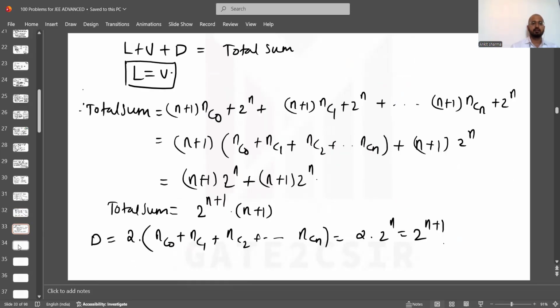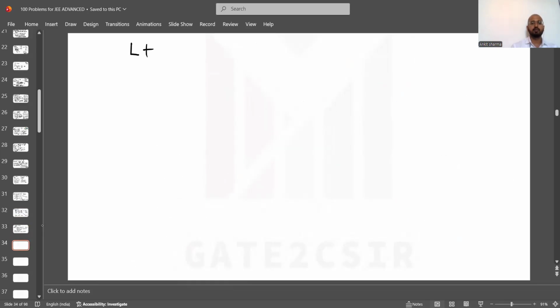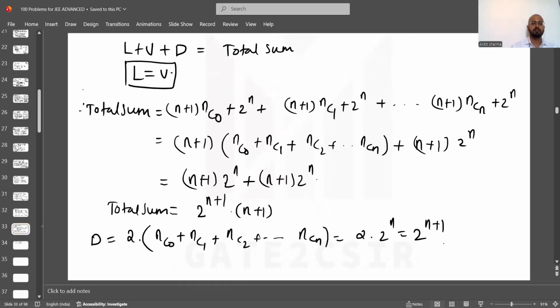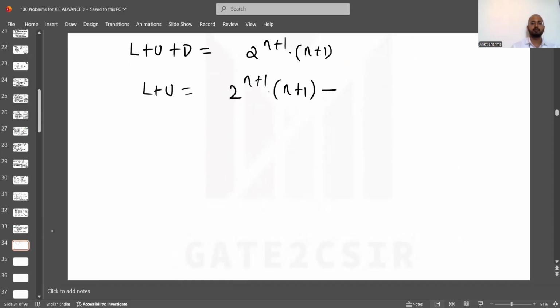So let's construct the equation. L plus U plus D is equal to 2 to the power n plus 1 into n plus 1. Since D we have, L plus U is equal to 2 power n plus 1 into n plus 1 minus D, which is 2 power n plus 1. So 2 power n plus 1 into n.